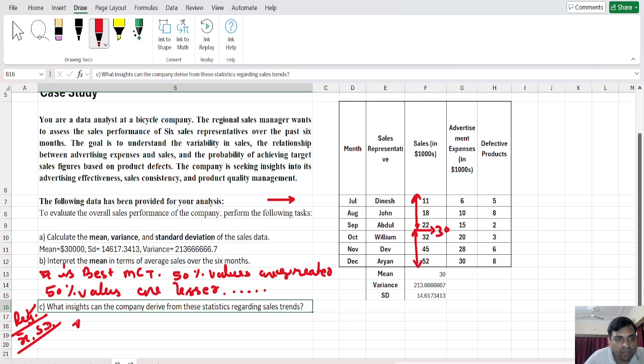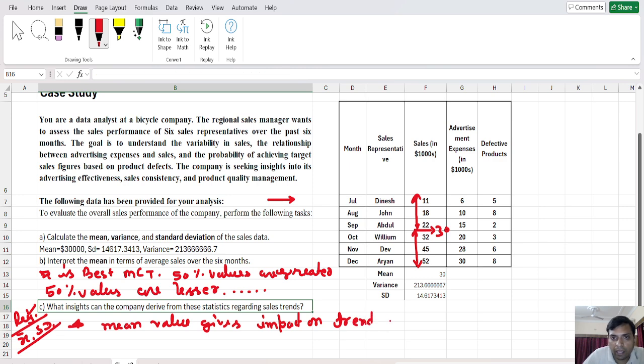But in this case, we have x bar and this is in the center of data. So we can say this mean value gives impact on trend, as this is the best measure of central tendency.